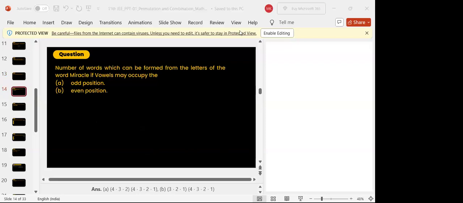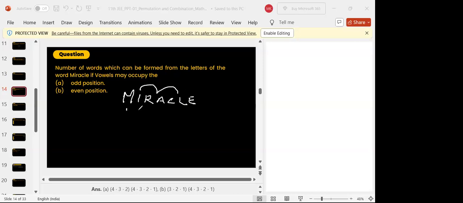Number of words which can be formed from the letters of the word MIRACLE. Here vowels may accompany the odd positions.